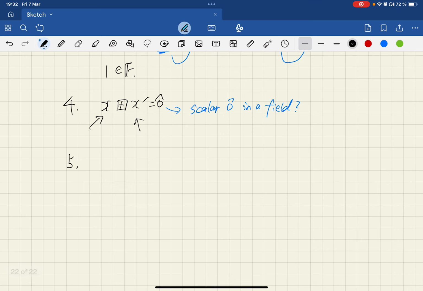And which naturally leads to the definition of the multiplicative inverse. So this is the multiplicative inverse.